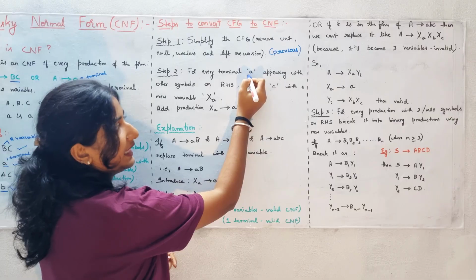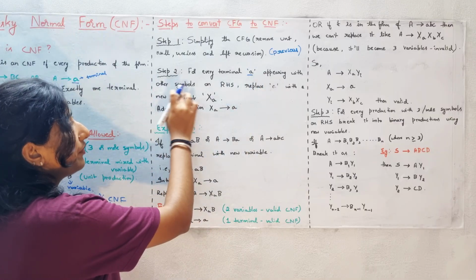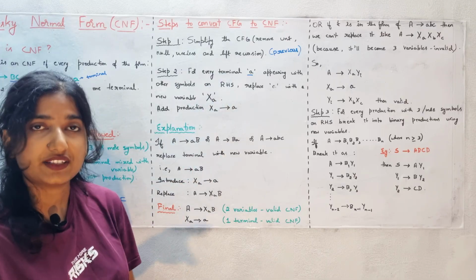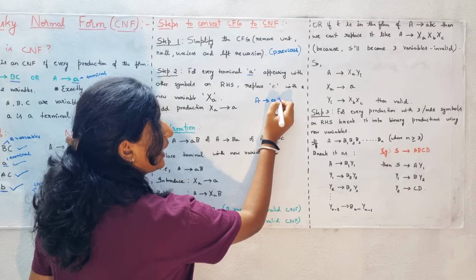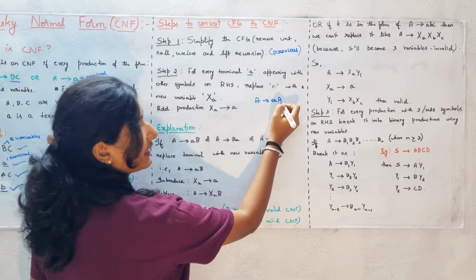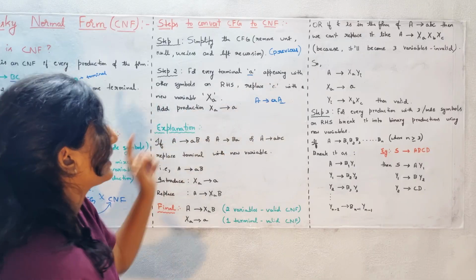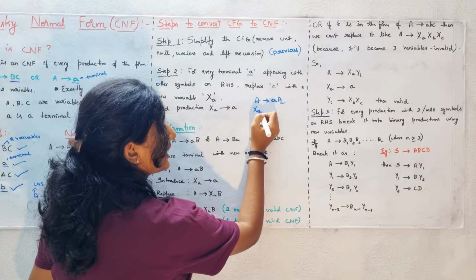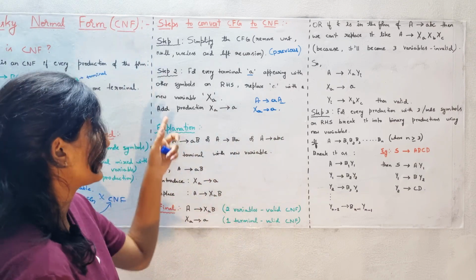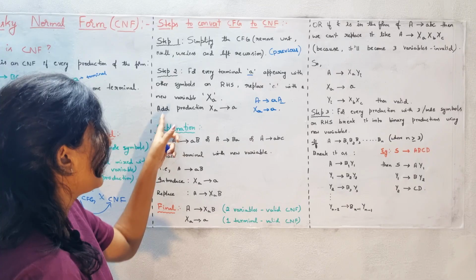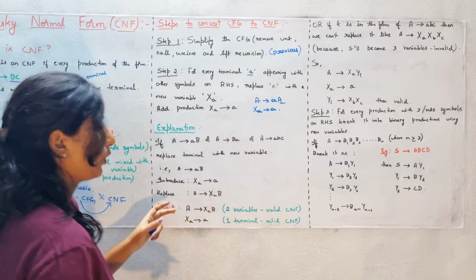For every terminal a, if a appears with other symbols on RHS, then replace a with a new variable Xa. Okay, second step we have to do this, and then add production Xa derives a. So let's see the explanation how to do this.